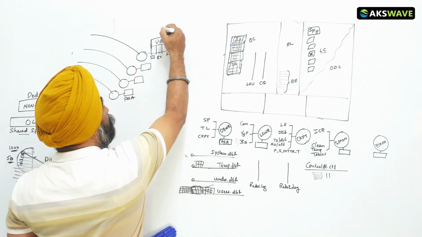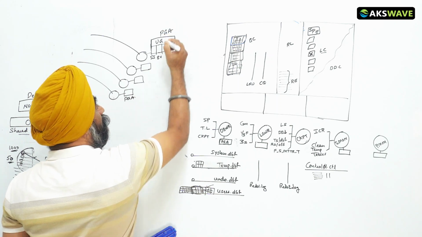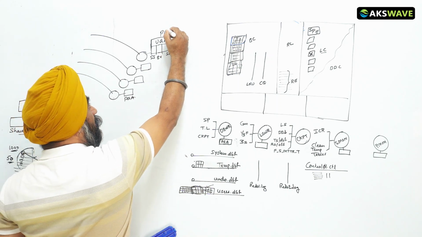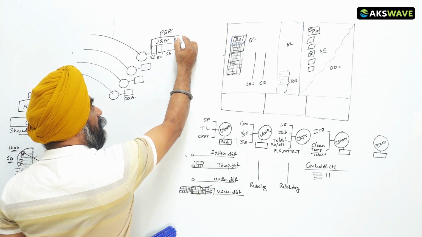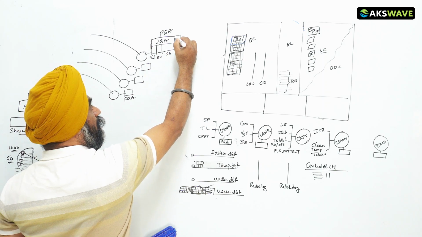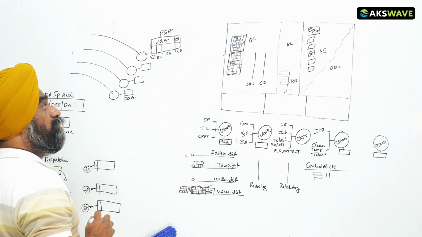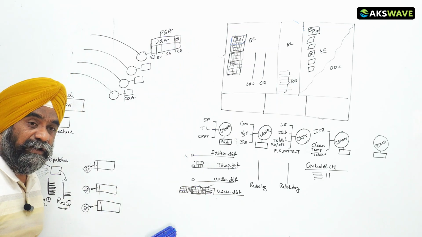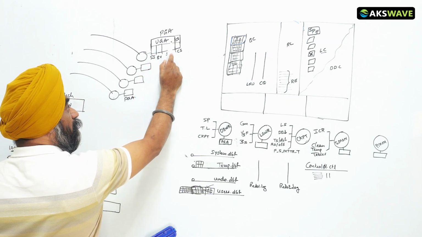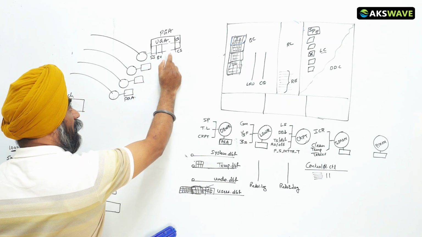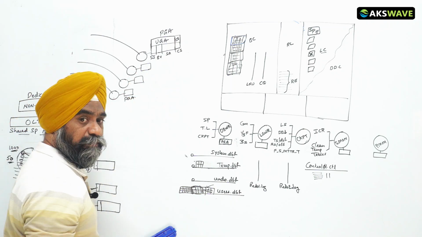What is this totally actually? PGA. Now the PGA actually consists of what? UGA plus what is the other one? Cursor stack. So yes, PGA consists of UGA plus cursor stack. UGA has all these components.